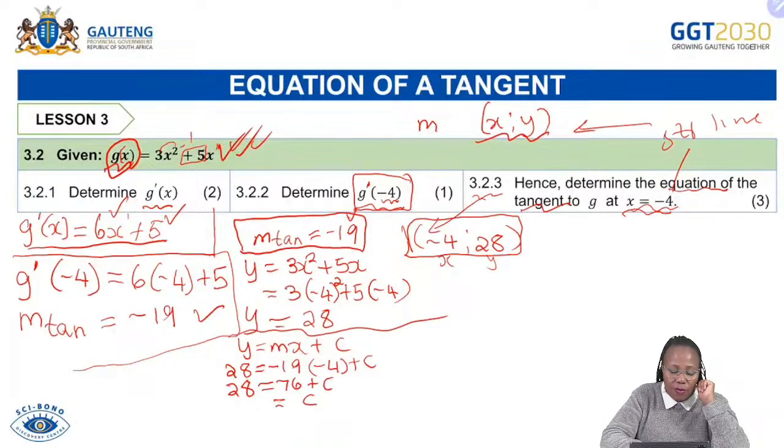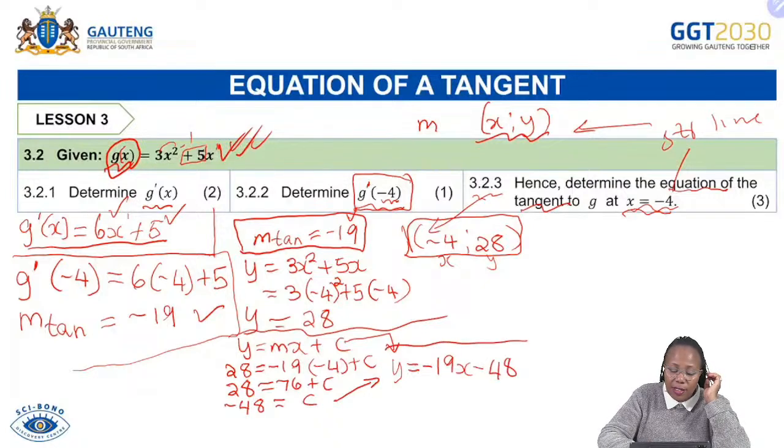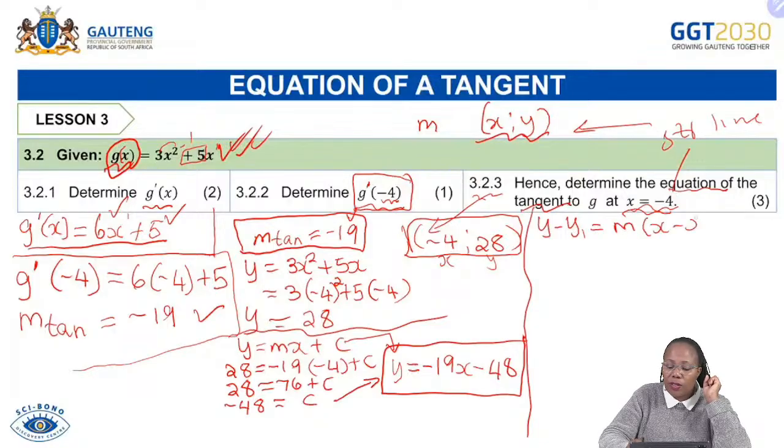Then the c value will be 28 minus 76, which is minus 48. And then this gives us an equation of y. We are now substituting in the original. m is minus 19x. You leave x and y and substitute c, minus 48. That is the equation of that particular graph. Or alternatively, another learner may decide to use the equation y minus y1 is equal to m into x minus x1.